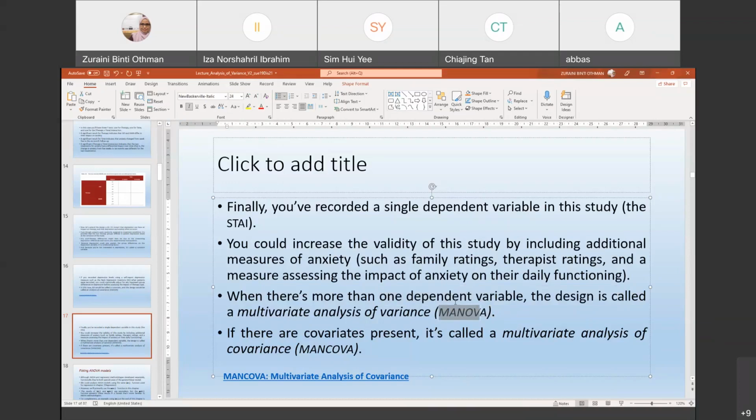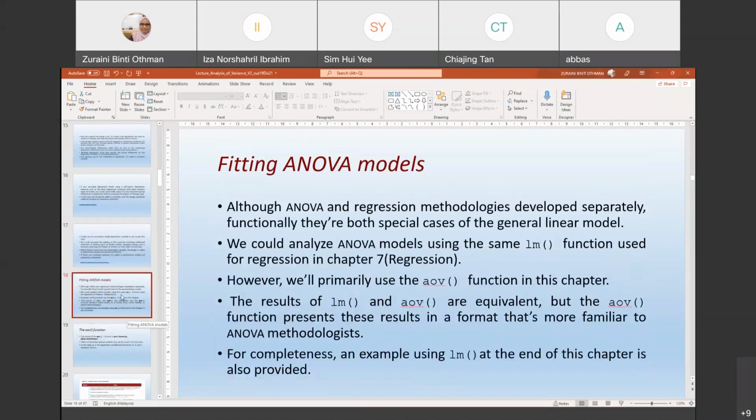Okay, it is called the multivariate analysis of variance. If covariates are present, it is called a multivariate analysis of covariance. Okay, then these are all the terms. This is the R side after this.